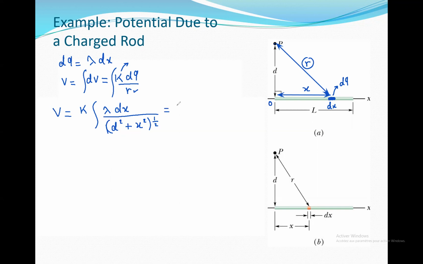So this equals k lambda times the integral, and if we move dq along the x-axis, x will be between 0 and L, from this point x equals 0 to this point x equals L. So we put the limits between 0 and L, and here we have dx divided by d square plus x square, to the power half.